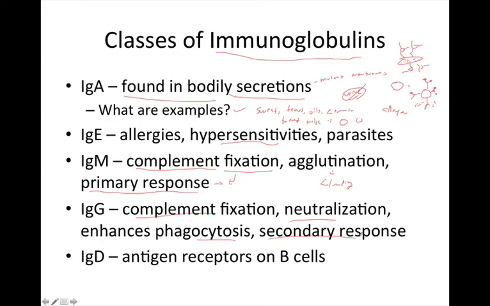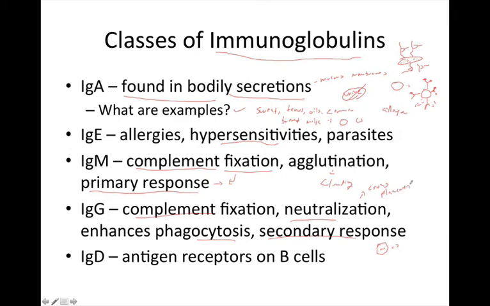So when we're exposed to an antigen the second time around and we activate those memory cells, immunoglobulin G is the antibody that we're going to primarily secrete. Another key factor with IgG, which I can't believe I didn't write down, is that it can cross the placenta.